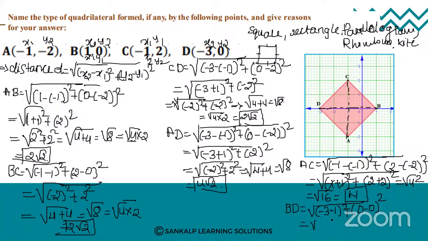So minus 3 minus 1 is minus 4 whole square, and 0 minus 0 is 0 only. So root 4 square is root 16, and the root 16 value is 4. So here also you are getting 4. That means the diagonals AC and BD are equal.